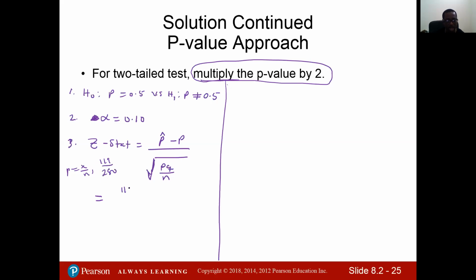So this is 119 over 280 minus p, which is 0.5, divided by the square root of 0.5 times 1 minus 0.5 divided by 280. If we evaluate this, we get negative 2.75 to 2 decimal places.